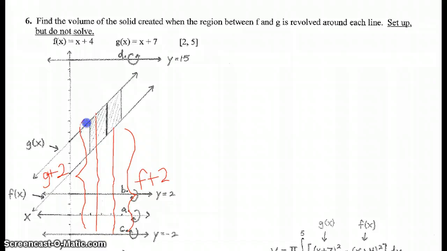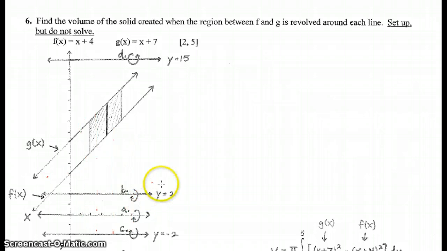Part D changes things up a bit and asks us to revolve around y equals 15. y equals 15 is now above our region, which means our outer and inner radius switch.